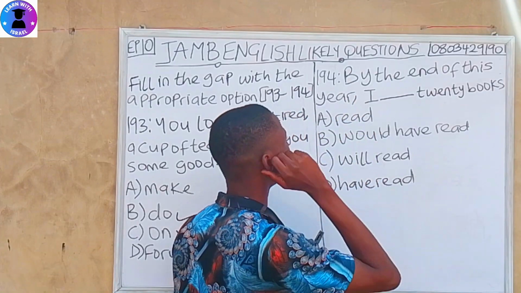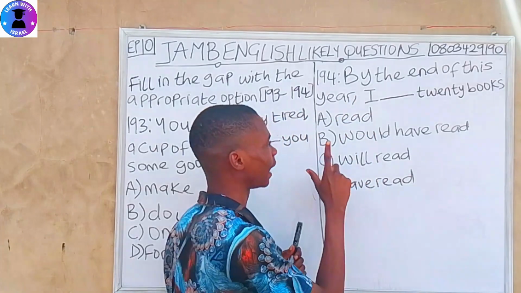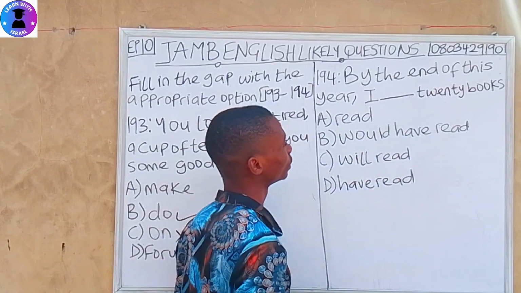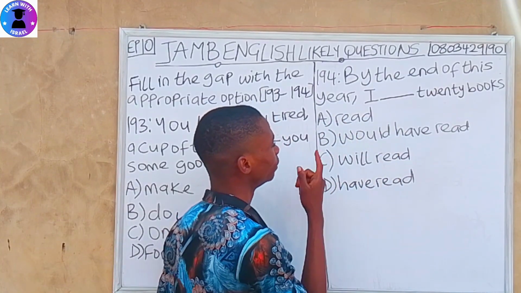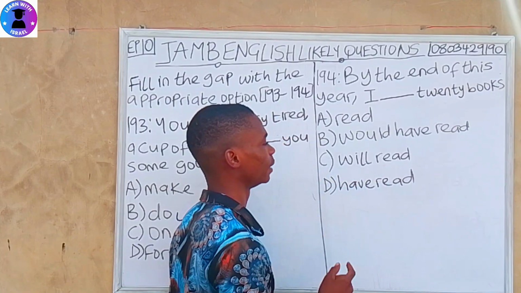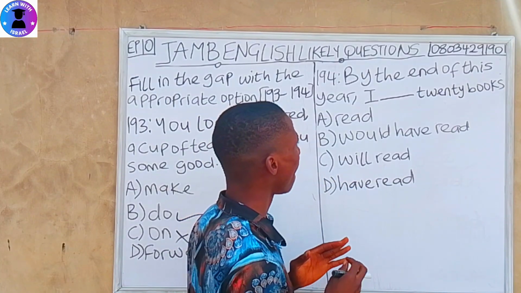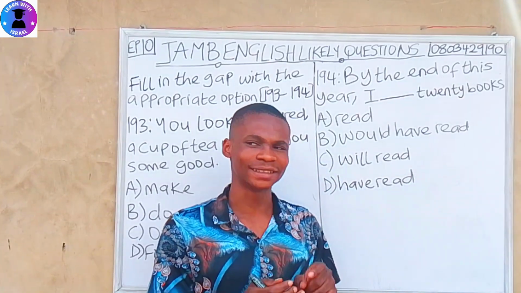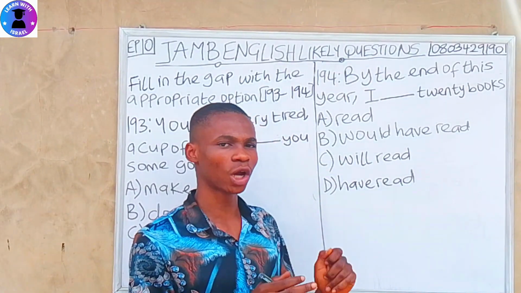By the end of this year, I dash 20 books. A. Read. B. Would have read. C. Will read. D. Have read. By the end of this year, it is not present and it is not past. It is future tense.